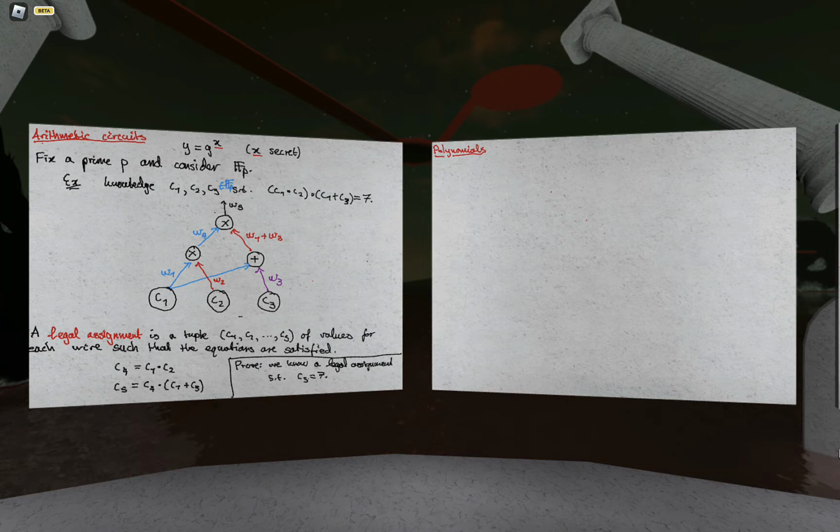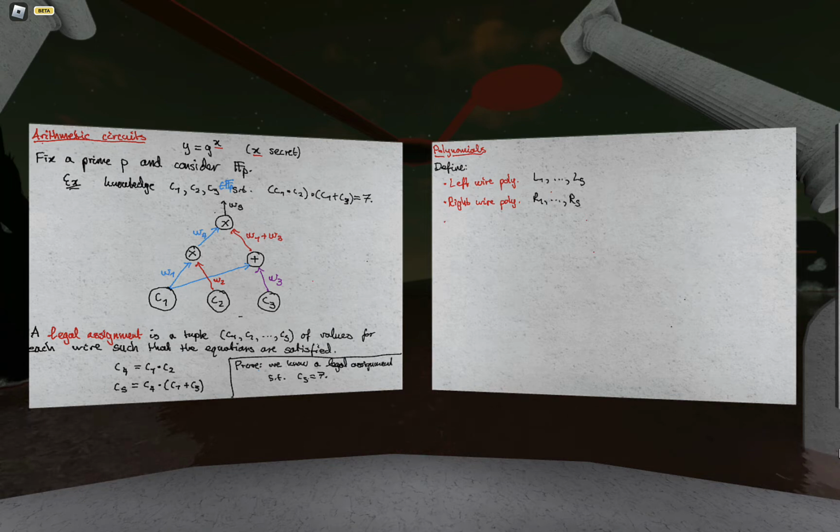So I'm going to define some polynomials based on this graph. Left wire polynomials, L1 to L5. I'm going to have some right wire polynomials, R1 to R5.